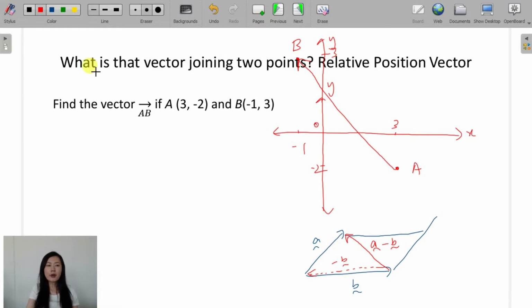So the key point is, when you have a vector joining 2 points, you can think of it as a subtraction vector. You see how, if I draw the position vector for A and the position vector for B, this is the arrow connecting the two heads.